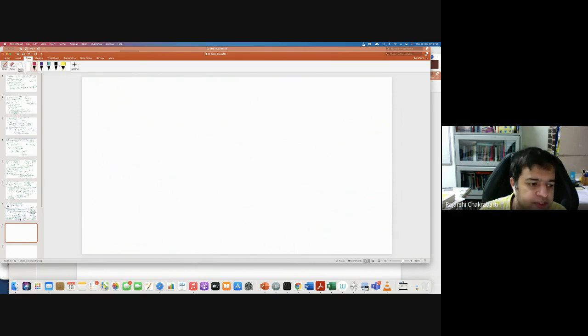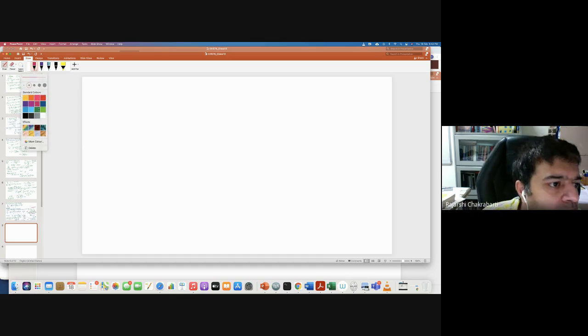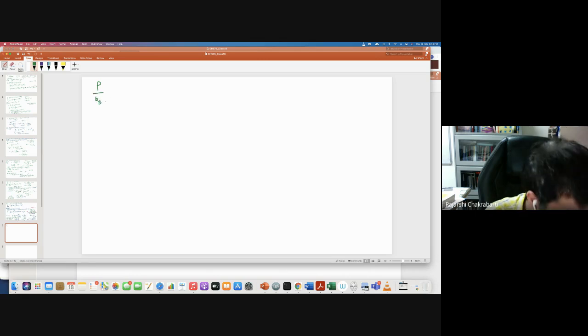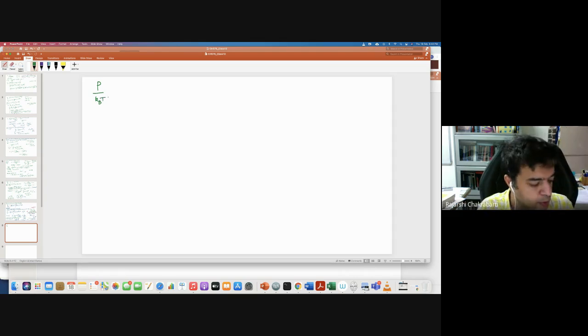Okay, so let us write down this P by kBT. So if I write P by kBT, it is going to be equal to minus 2 pi by h cubed, (2m) to the 3 by 2.